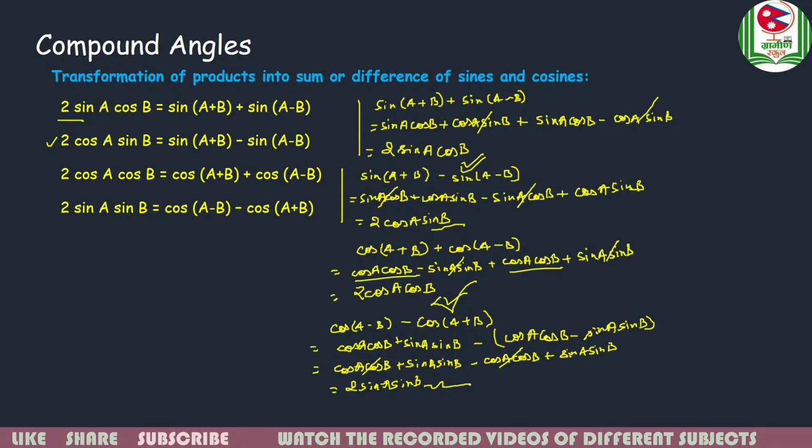Okay, so we have completed. And what will be the result if you write cos(A+B) minus cos(A-B)? We have written here sin(A+B) minus sin(A-B). Similarly, we can also write for cos, that is cos(A+B) minus cos(A-B).